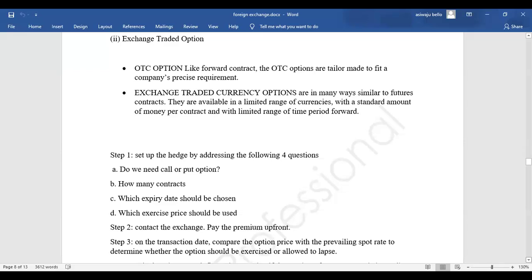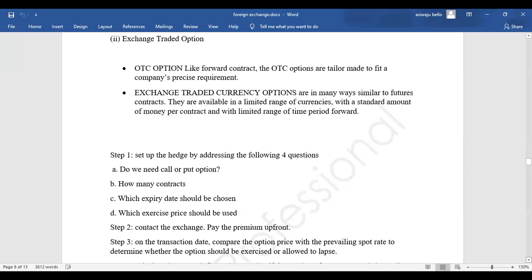Then you are going to determine the contract expiring dates to use. You are going to determine the exercise price to use. Then you are going to calculate the premium payable.